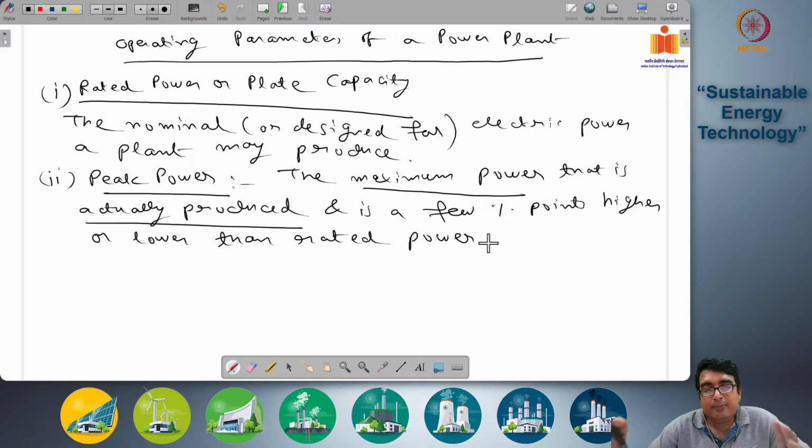So peak power is the maximum power that is actually produced by a power plant during its operational duration, and it's usually a few percentage points either higher than rated power or lower than rated power. Okay.